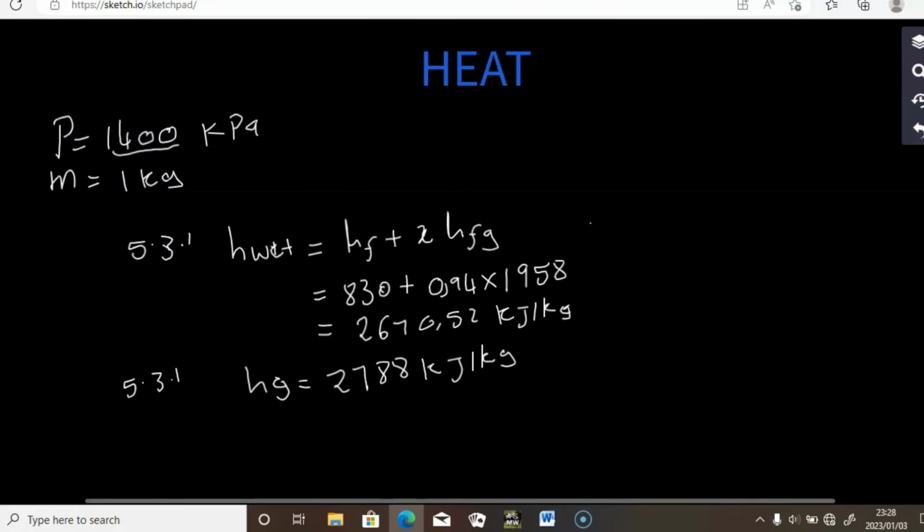What is the formula to calculate superheated steam? Superheated steam, h sup, is given by hg plus c sup, which is the specific heat capacity, in brackets t sup minus ts.